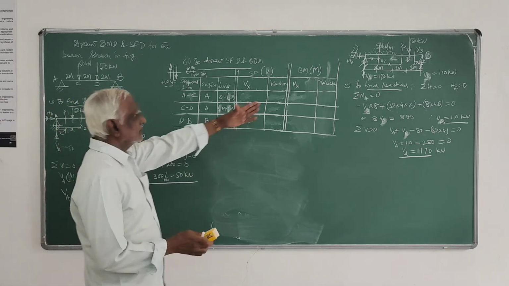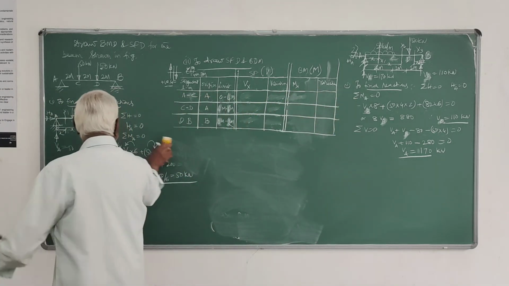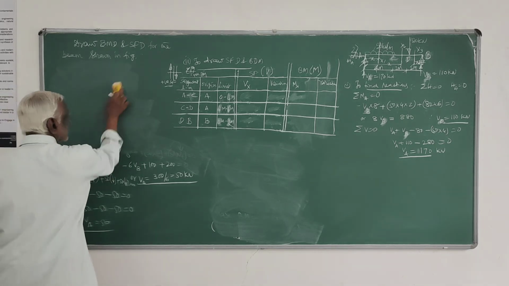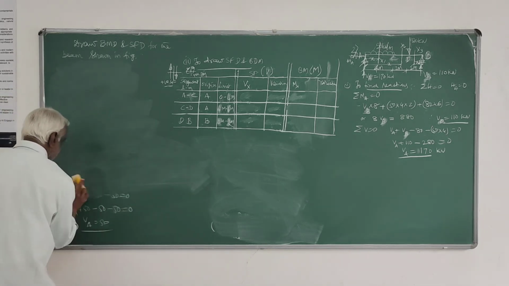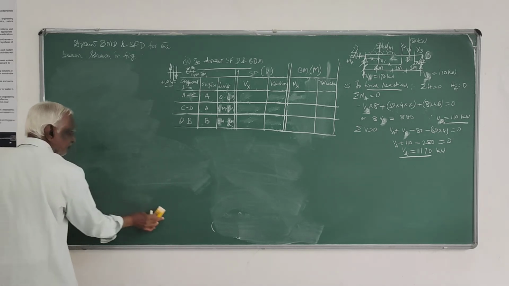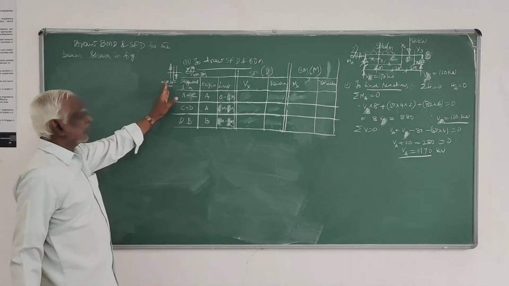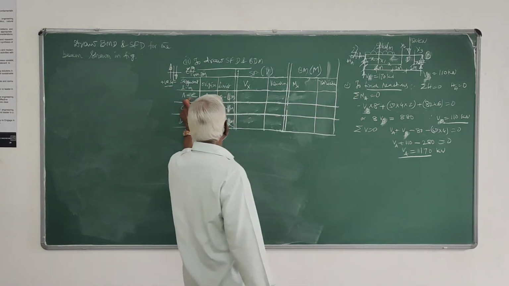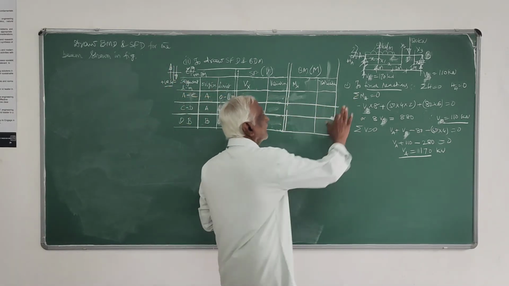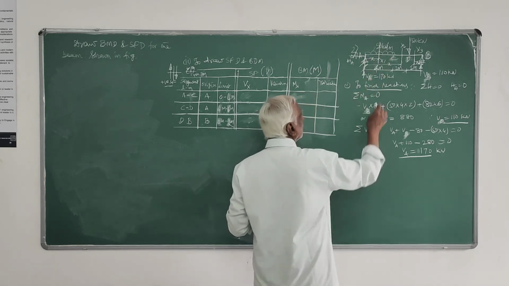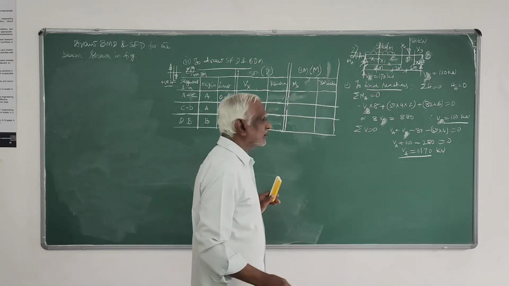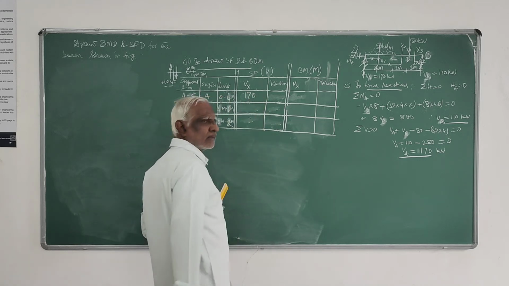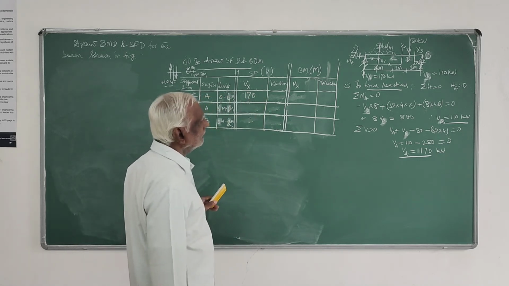Now, this is the problem. The same sign convention we are adopting for shear force: towards left, acting up is positive. For the AC segment, about this section X1, this is acting up positive, so it is 170 positive.